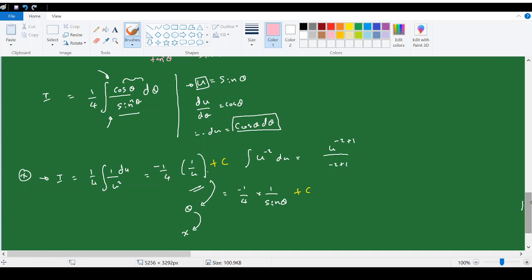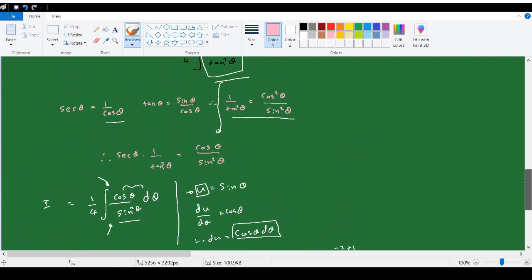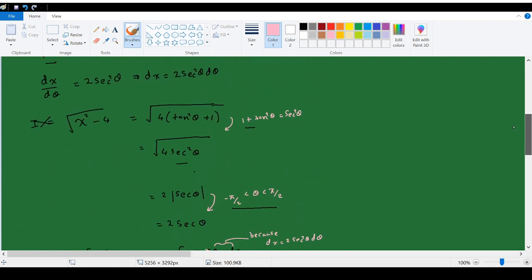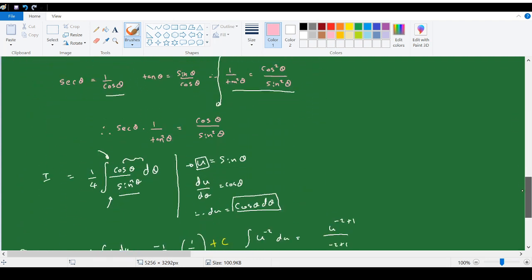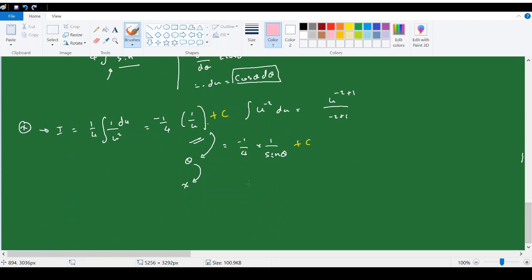We make use of the initial substitution along with the right angled triangle. Now the initial substitution was x is equal to 2 tan theta. In other words, tan theta was equal to x divided by 2.